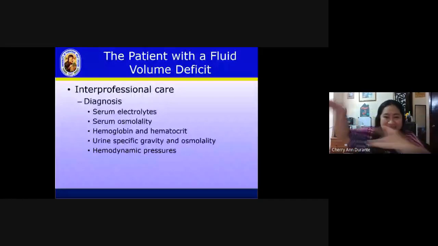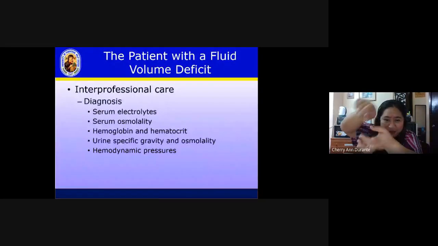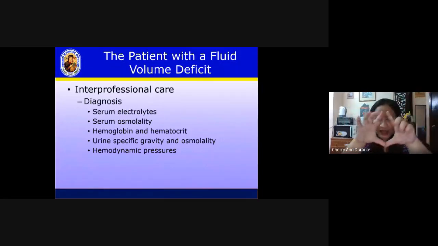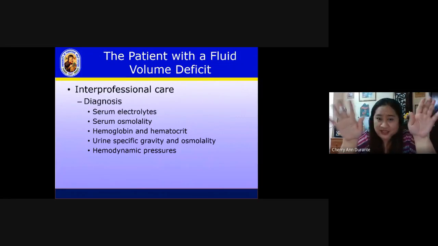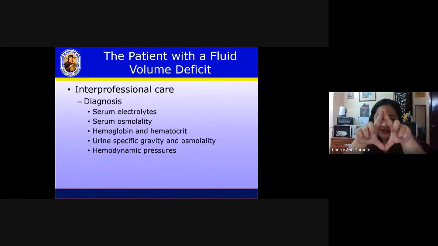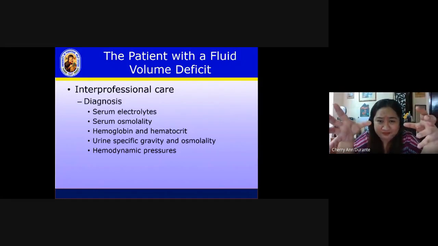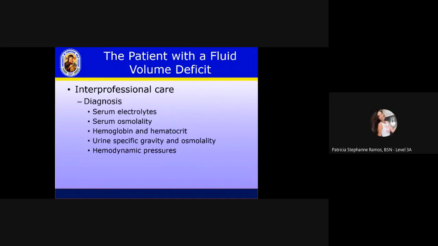Kasi ilagay mo agad sa pitchel na may tubig, ang hirap kayang haluin. So, ang ginagawa ng iba, nilalagay nila sa baso. So, that is what I'm trying to illustrate here. Yung saan mas concentrated? Yung nasa baso o yung nasa pitchel? Baso po. Okay.